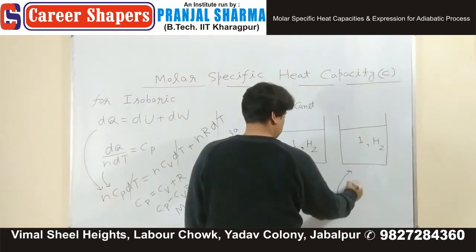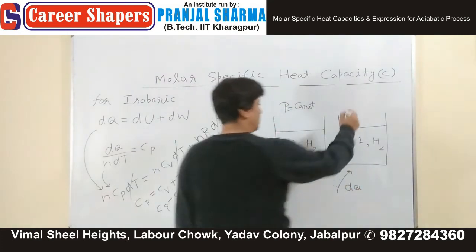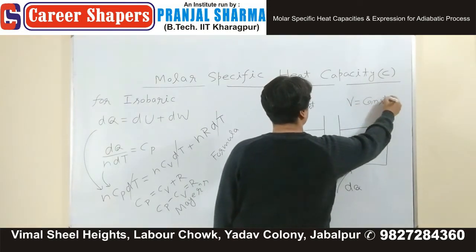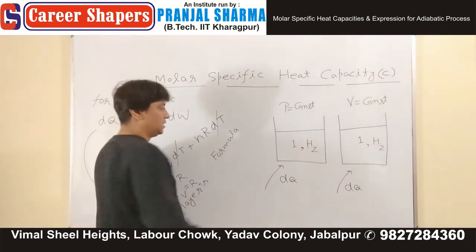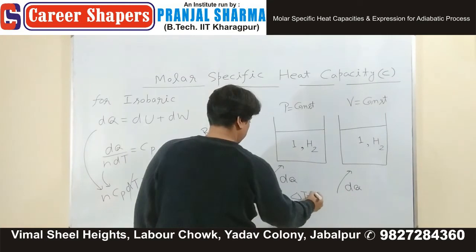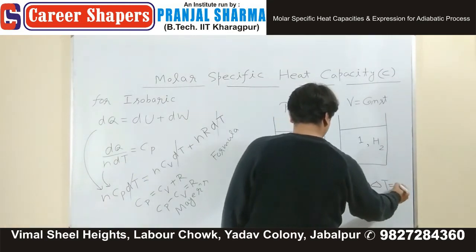For this, you need to supply some heat and you have to make sure that volume remains constant. And your aim is what? That for both delta T is 1.